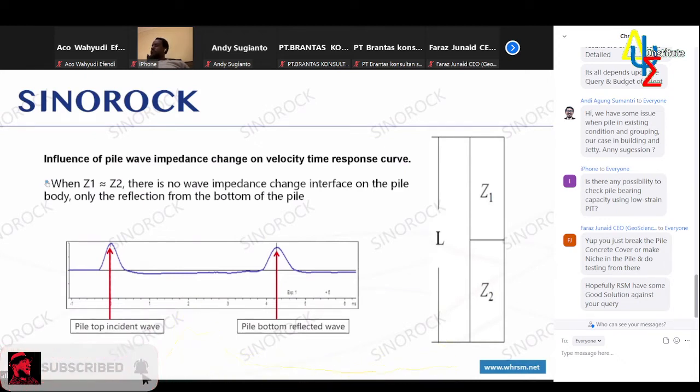There is no obvious wave impedance change interface. It can be said that basically all stress wave signals pass through this interface until the pile bottom is reflected. Therefore, what we see on the measured curve is the incident wave curve of the pile head and the reflected wave signal of the pile bottom.